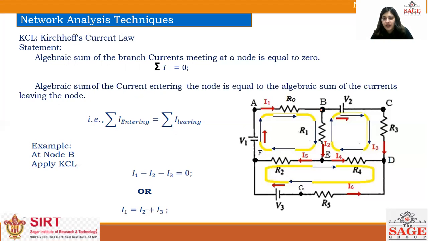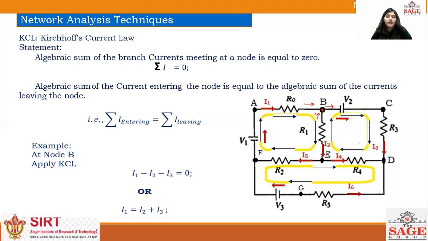So here, if I talk about this very node, then whatever current is entering this node and whatever current is leaving this node, from all the connected branches of this node, the algebraic sum will be equal to 0.